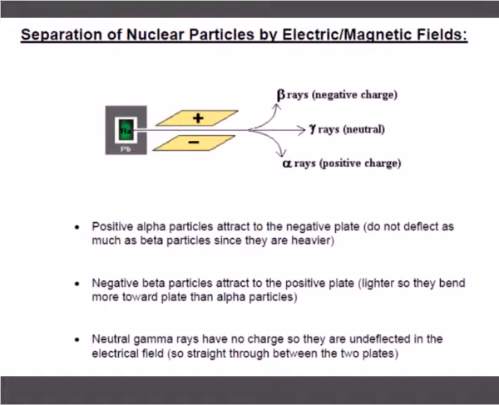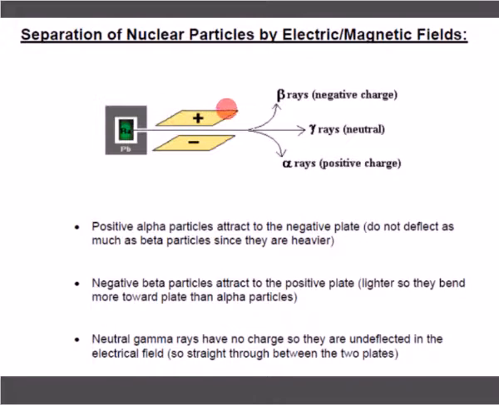The first thing, guys, we got to learn about is the separation of nuclear particles by electric or magnetic fields. This should be pretty obvious to us. In a magnetic field, we've got a positive and a negative component. If you take a look at the table we just went over, what particles are negatively charged? Those are your beta rays.